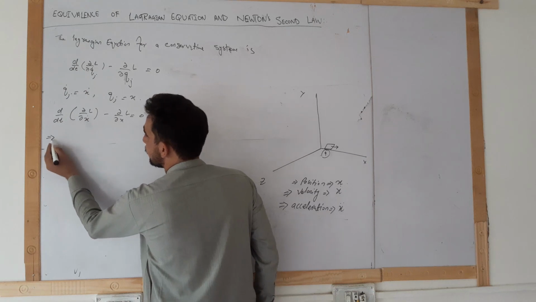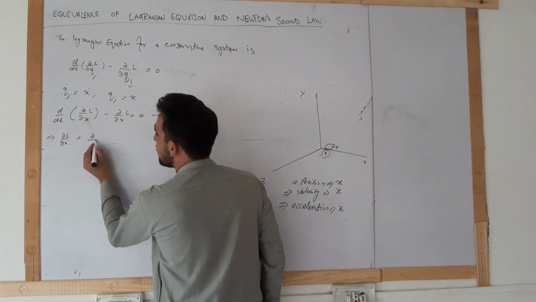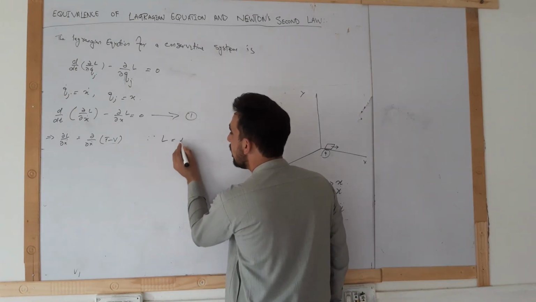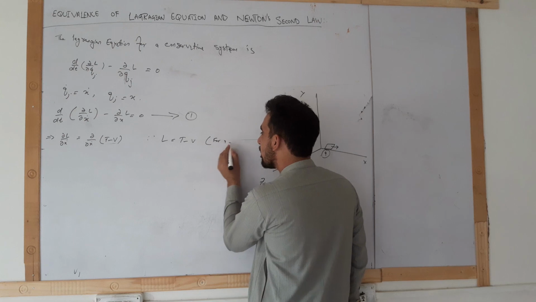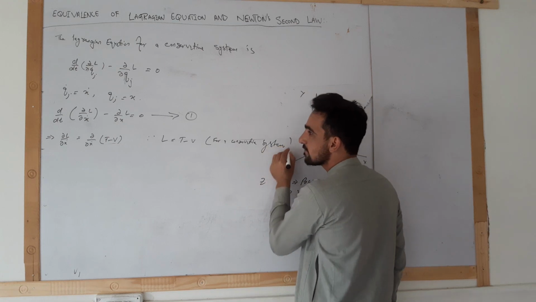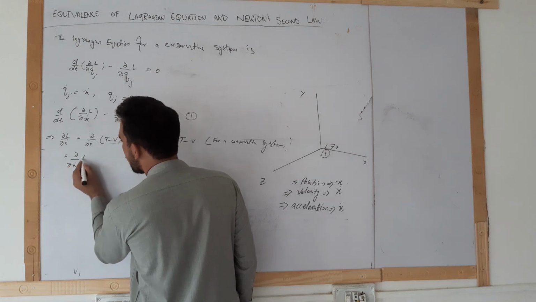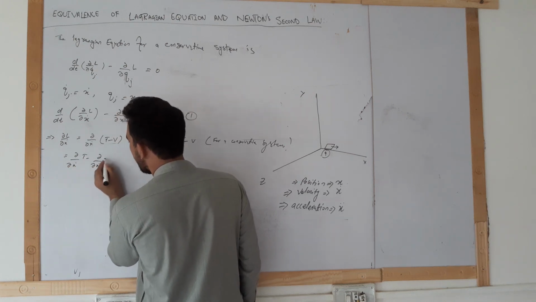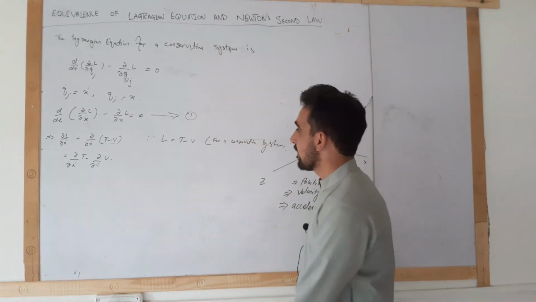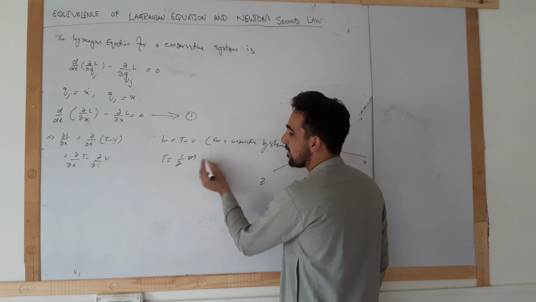So let us assume partial L by partial x dot is equal to partial by partial x dot of T minus V, since we know that L is equal to T minus V for a conservative system. Or this is equal to partial by partial x dot of T minus partial by partial x dot of V. Now, what is T? T is the kinetic energy of this system, and this is half m x dot square, if we assume the mass of the body to be m.